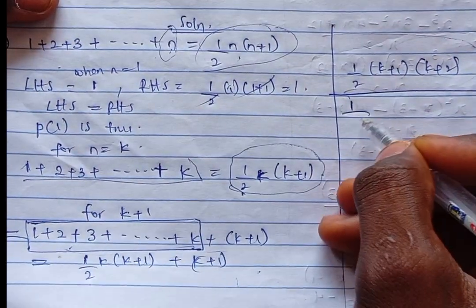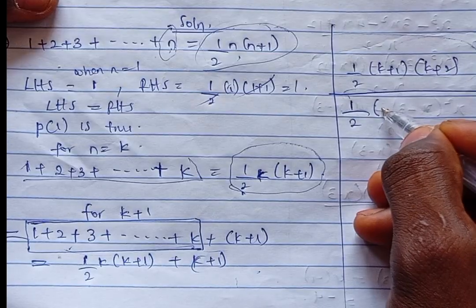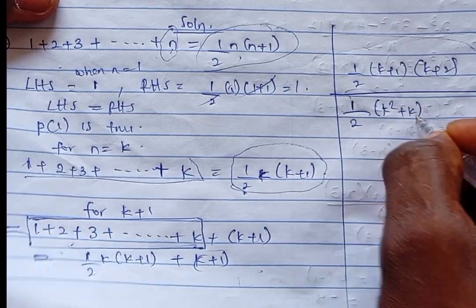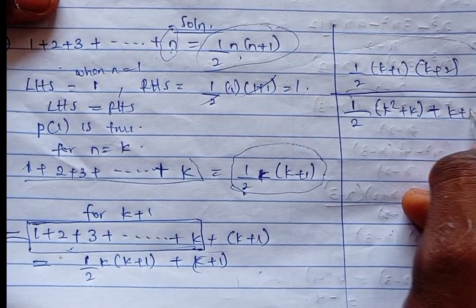Now let me simplify this further. We have 1 over 2 into k squared plus k, plus k plus 1.